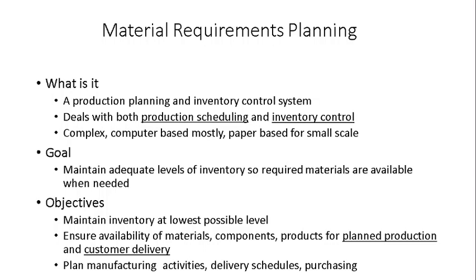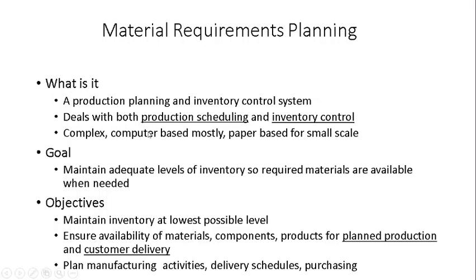And the main objective is to maintain inventory at the lowest possible level and ensure that materials are available for the production scheduling. So the goal is to maintain adequate levels of inventory, so required materials are available whenever they are needed.